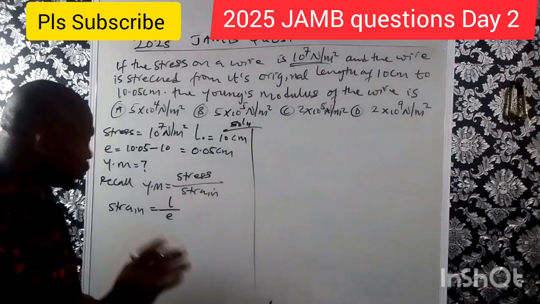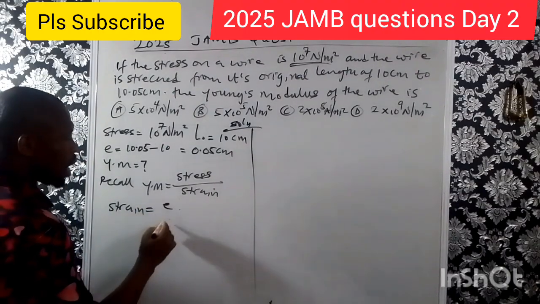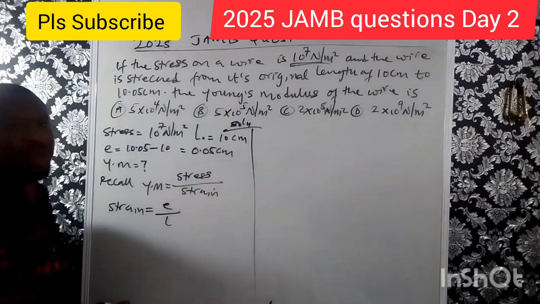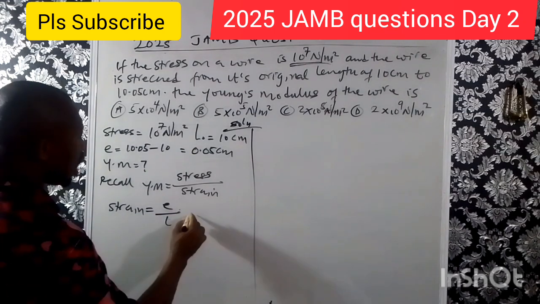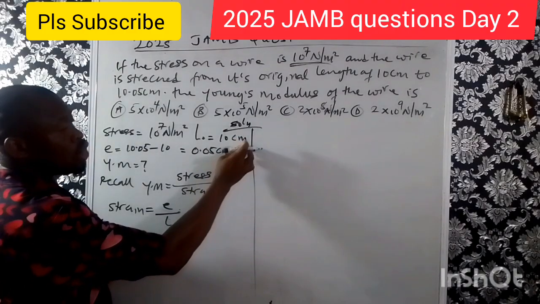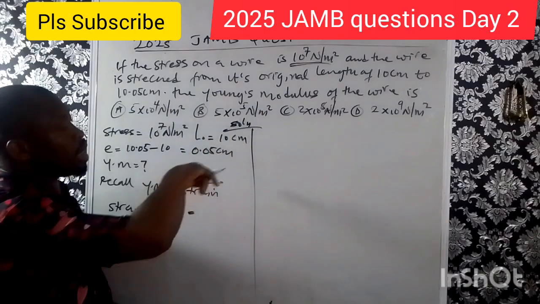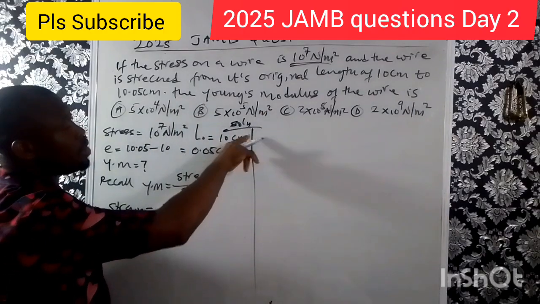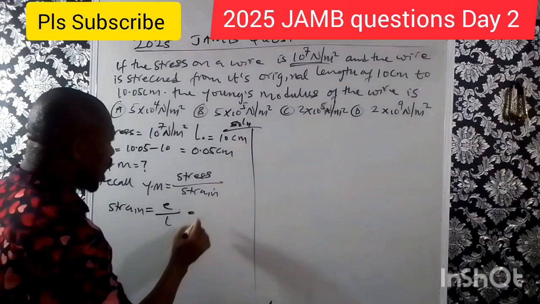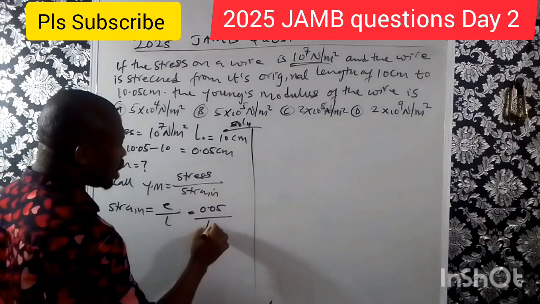Sorry, the strain is equal to extension all over the original length. Because two of them are in cm, there's no need to convert them, because the cm here will still cancel out the cm here. So we have the extension is 0.05 all over the length is 10.